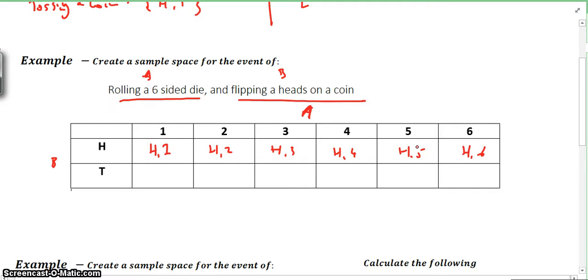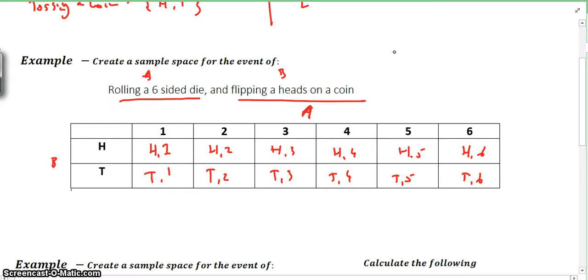So we can get a heads and a 6, heads and a 5, heads and a 4, and so on and so forth. Or we could get a tails and 1, tails and a 2, tails and a 3, tails and a 4, tails and a 5, tails and a 6. So you can see that this is the sample space for rolling a 6-sided die and flipping a coin.